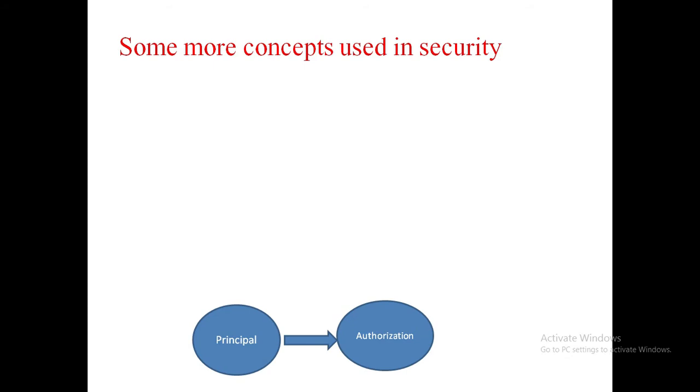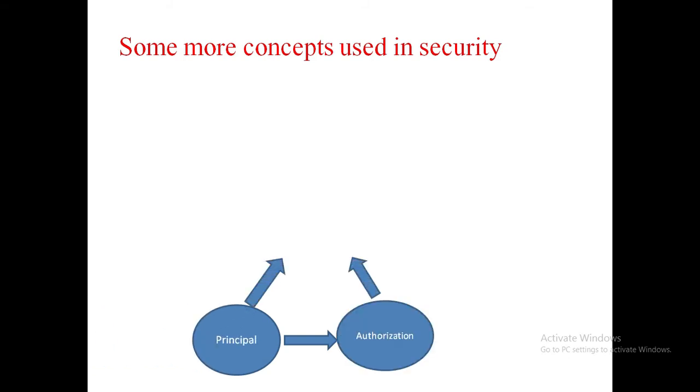That can be an admin user, a super admin user, a simple user, or it might be a guest user. So that kind of authorization must be defined for this particular principal. Principal is the logged in user, and authorization means the roles we have defined for this particular user.